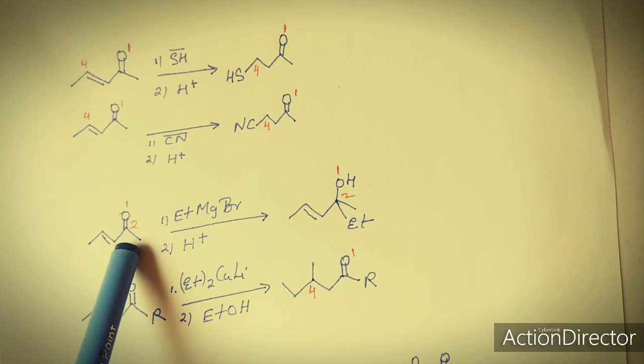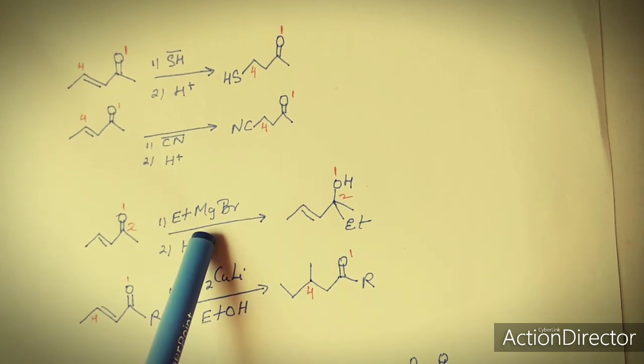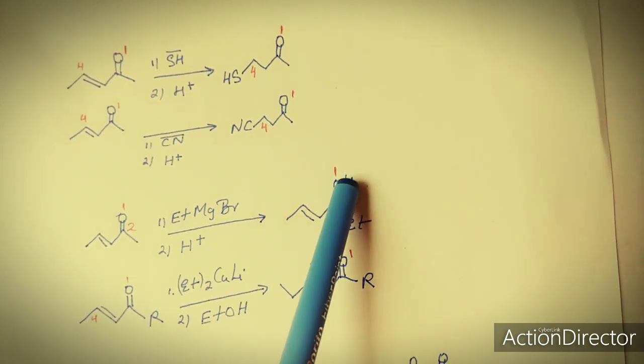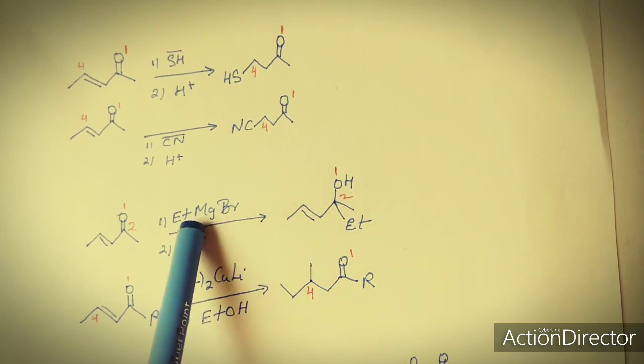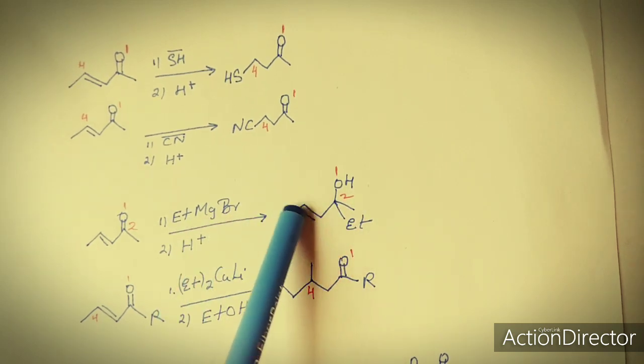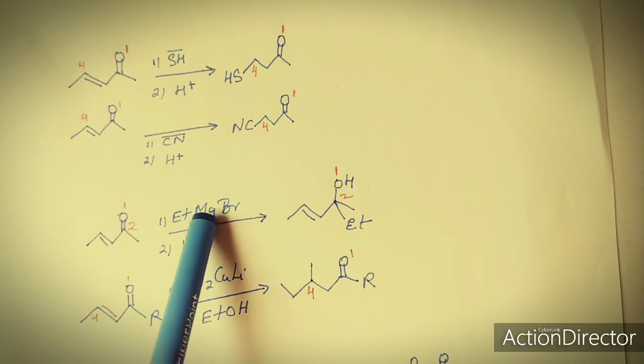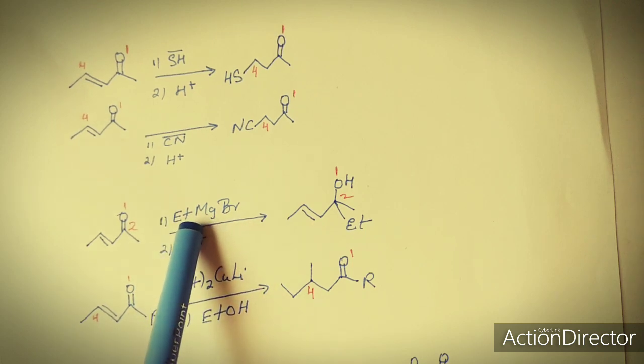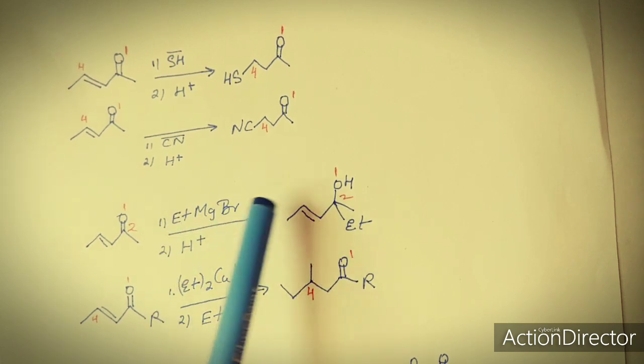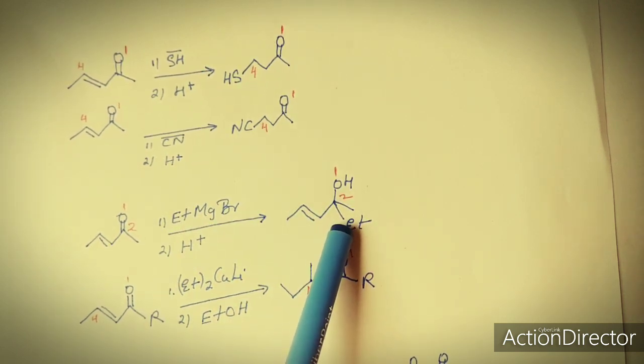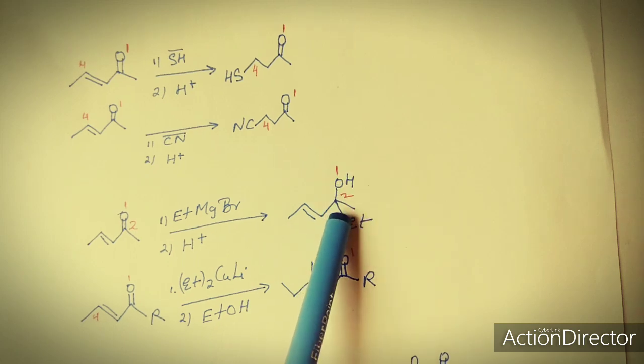Now let's see here, organometallic. What are we getting here? 1,2, and this bond has been untouched because it is soft, whereas this alkyl group from the Grignard reagent is highly strong, so it will attack directly on the carbonyl carbon. So this will be a 1,2 addition.